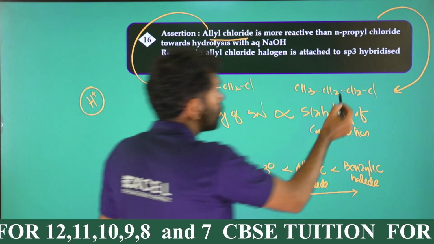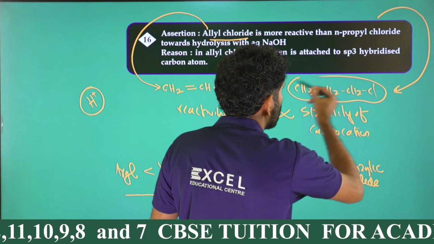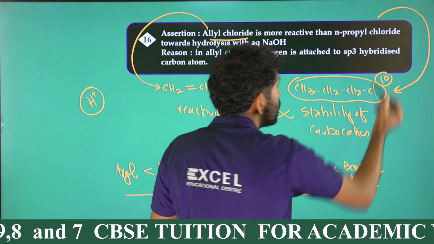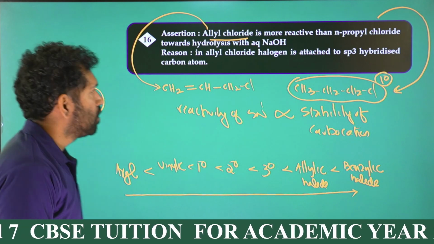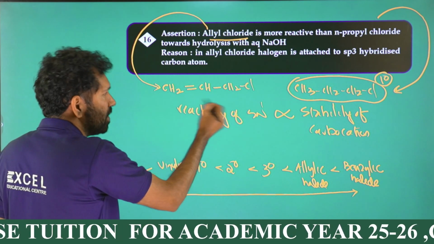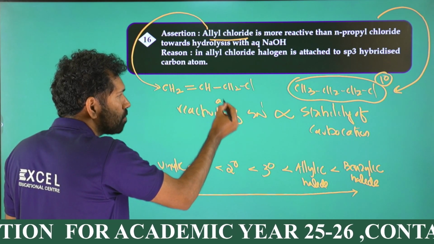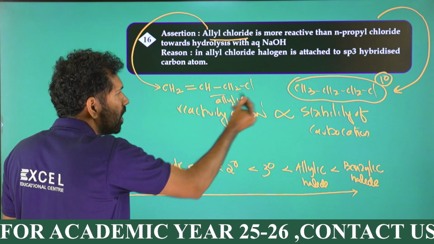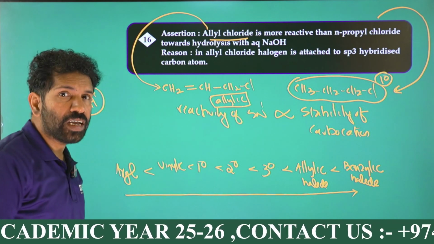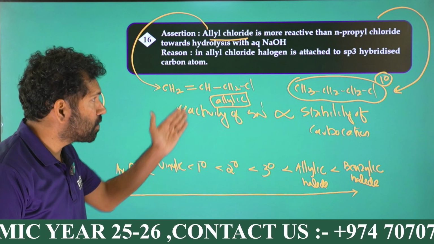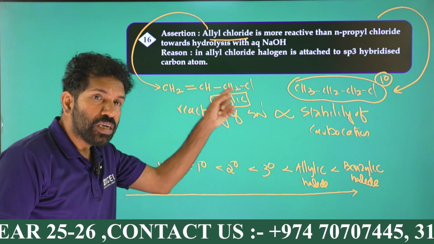Normal propyl chloride is a primary halide. Allyl chloride is allylic as well as primary. The condition for an allylic halide, which we already studied, is that the halogen is connected to a single bond carbon next to the double bond.